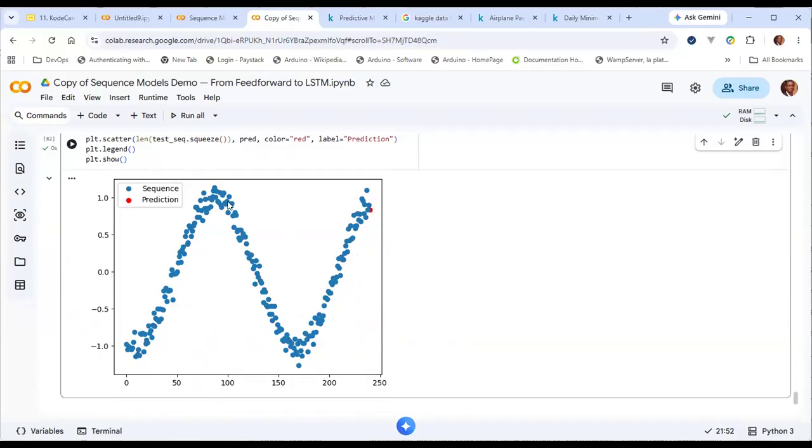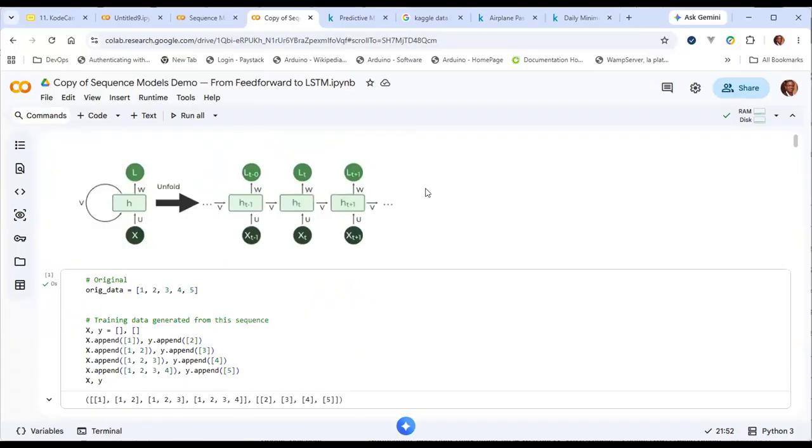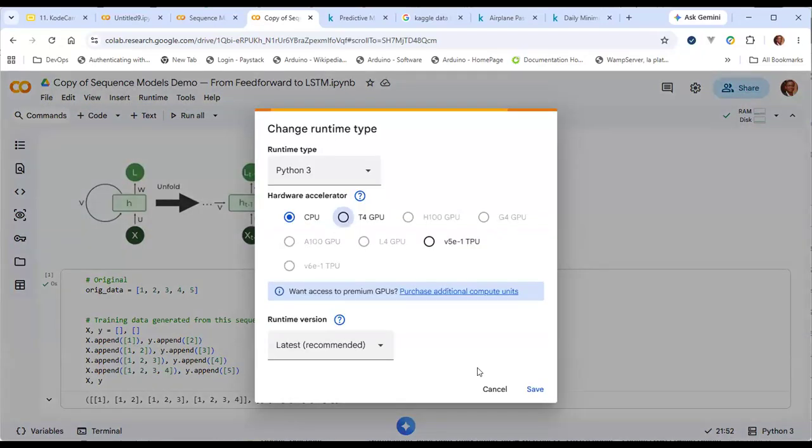And you can see that they are all able to predict properly. So now that I have done this, you can see it will be much faster if I switch to a GPU. So I can change runtime type to a GPU and it's going to restart everything.